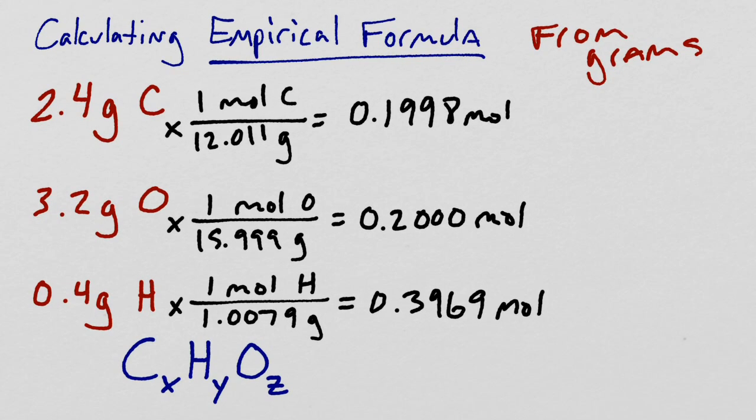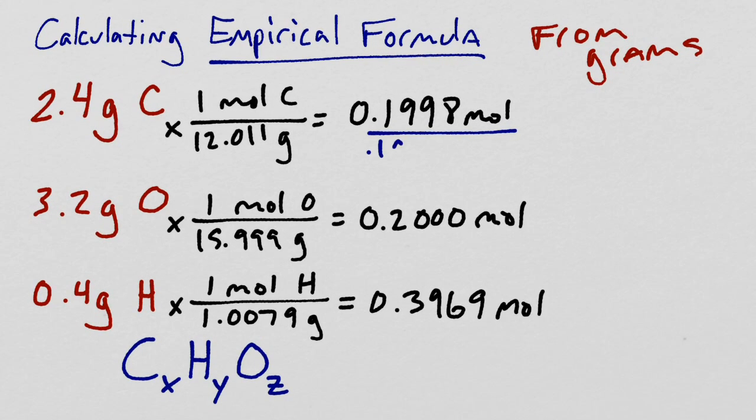Now we want to figure out which one of these is the smallest number, and we want to divide all of them by that number. So let's figure out which is the smallest: 0.199, 0.20, or 0.3. This one's going to be our smallest, 0.199. So let's divide everything by that number.